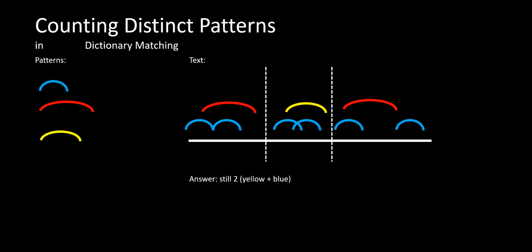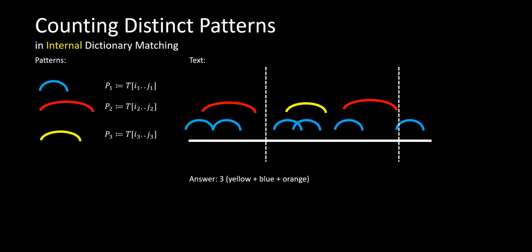So if we push the query interval to the right until it fully encompasses the orange interval, then the answer will become 3. So to sum up, we would like to count all distinct pattern occurrences in some interval.